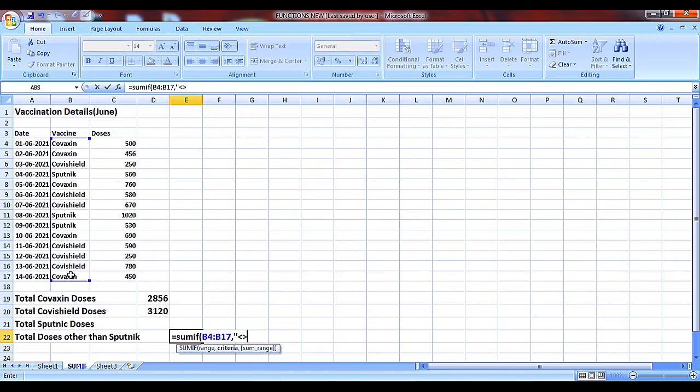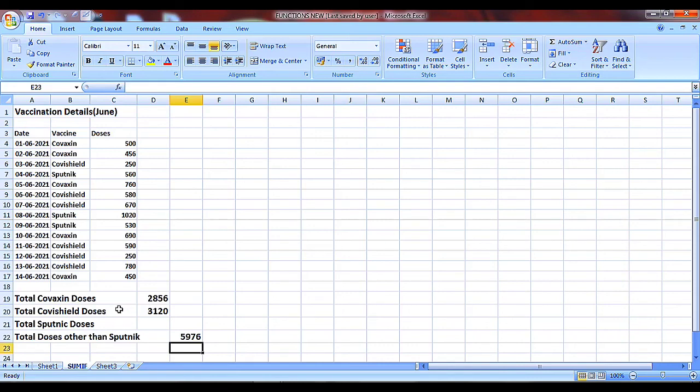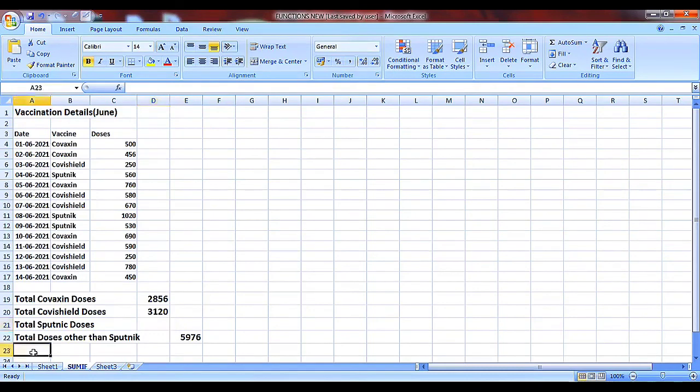The not equal to operator is less than and then greater than symbol. Then for sum_range you have to include one more column, that is the sum_range. Press the enter key, that is 5976, which is nothing but the sum of Covaxin and Covishield doses. You can see here, I will use the AutoSum function, which is 5976.